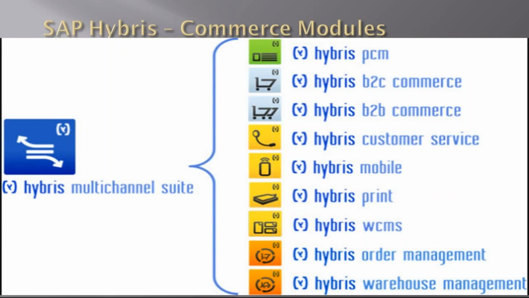Here is a list of applications which are part of SAP Hybris e-commerce. The first one is Hybris PCM. PCM stands for Product Content Management, and it is one of the cockpits. It is mandatory for any application that you are going to use in your commerce platform.